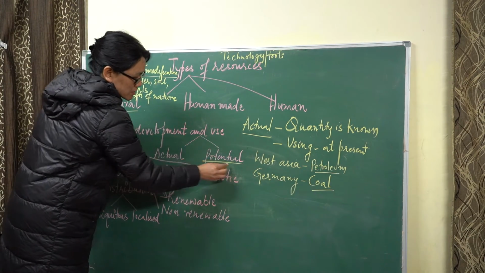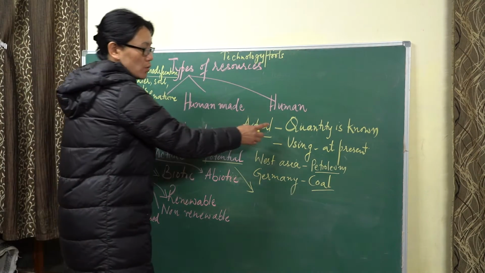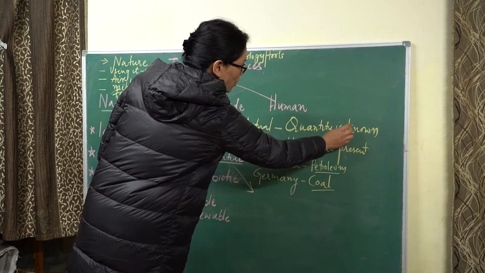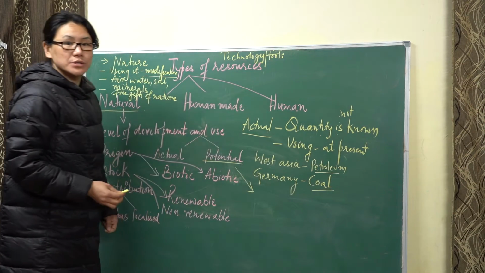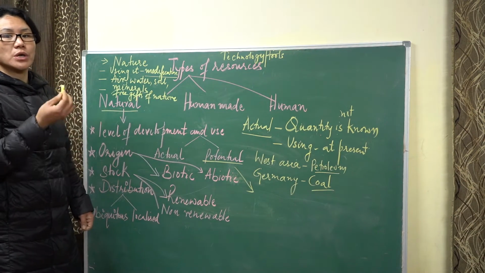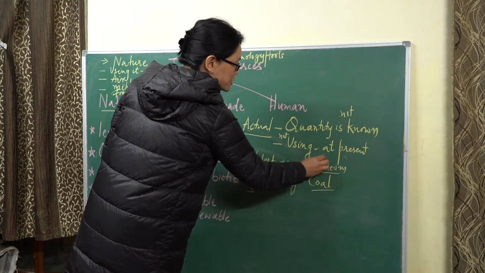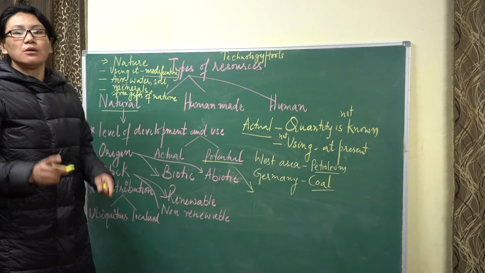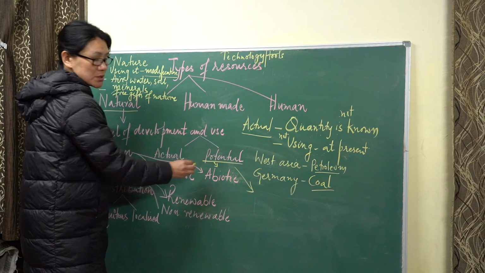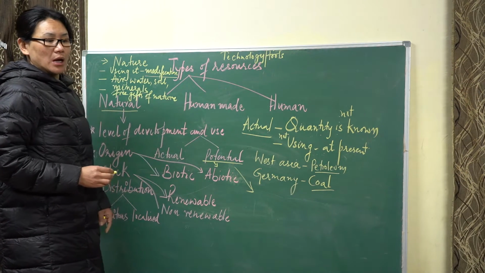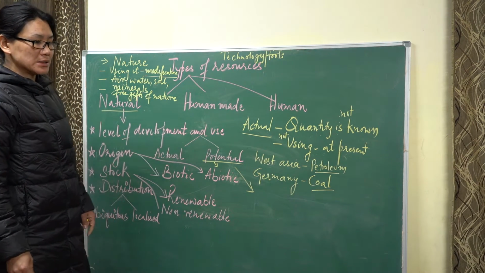Whereas potential resources are those resources whose quantity is not known and we are not using at present. We are not using at present, but in future such potential resources can be used. Is that clear?